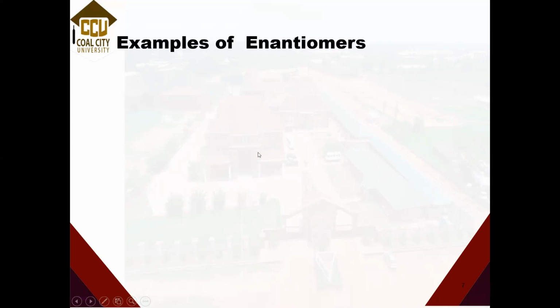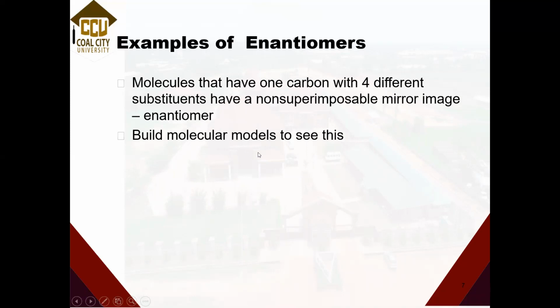All right, let's look at examples of enantiomers. Molecules that have one carbon with four different substituents have non-superimposable mirror images. Earlier, I talked about an sp3 carbon. The sp3 carbon is a carbon that is attached to four substituents. Whenever a carbon has four substituents, that means there is no double bond or triple bond in the carbon.